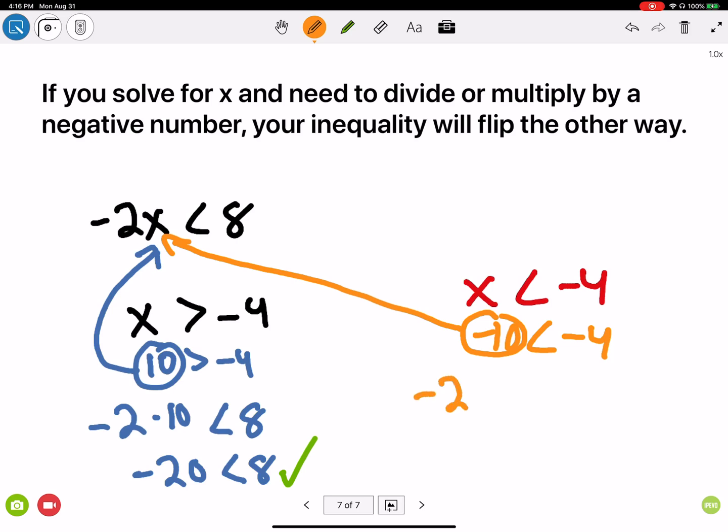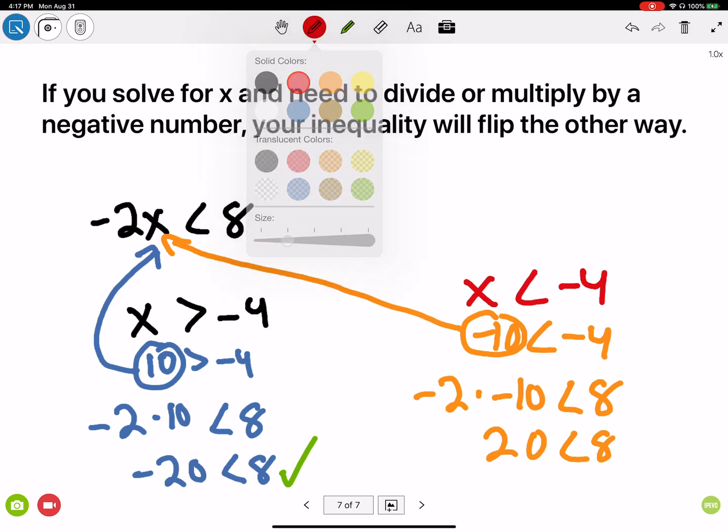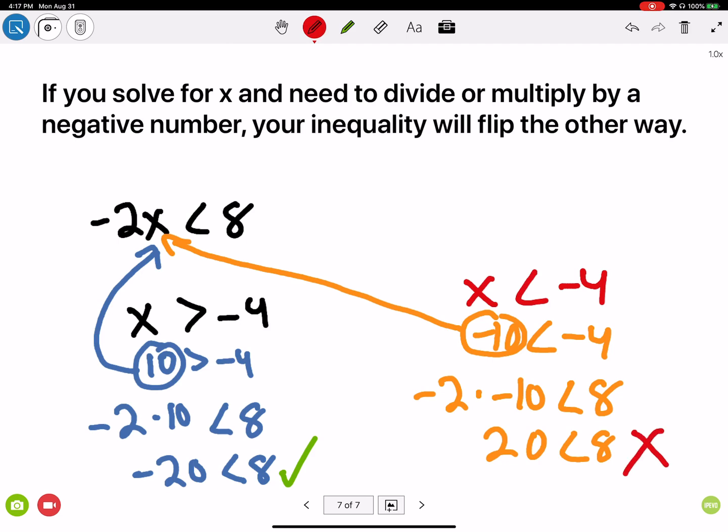So negative 2 times negative 10 is less than 8. If this statement of x is less than negative 4 is correct, then this should work. Well, negative 2 times negative 10 is positive 20. Is positive 20 less than 8? No, it's not. So this is wrong.